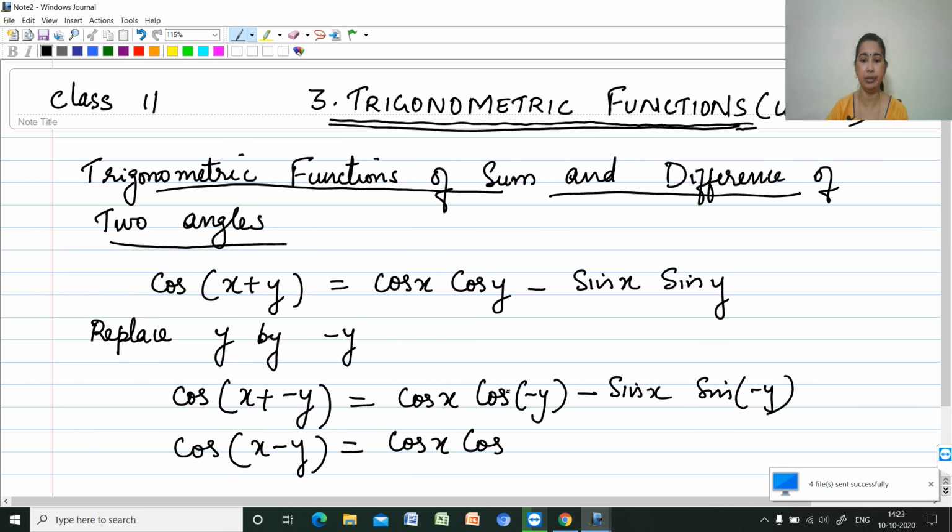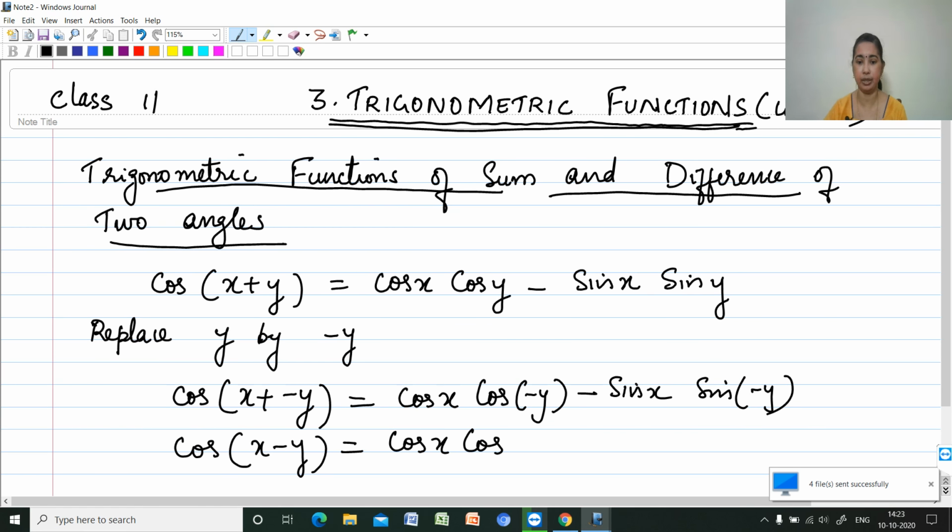Cos is an even function, so cos of minus y is cos y itself. So cos x into cos y minus sin x into sin of minus y, which means minus sin y, because sin is an odd function. So sin of minus y is minus sin y. So that minus of minus becomes plus, sin x into sin y.